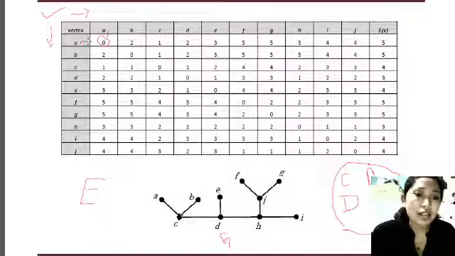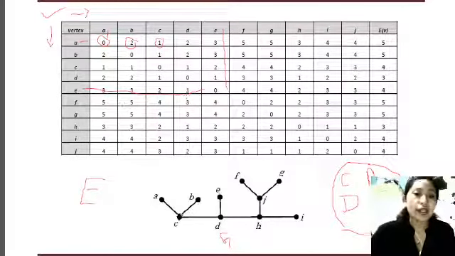The first entry is the distance between vertex A and vertex A. The second entry is the distance between vertex A and vertex B. The third is the distance between vertex A and vertex C. This way you need to fill up this table. Every entry, as I said, gives you the distance between the corresponding vertices.